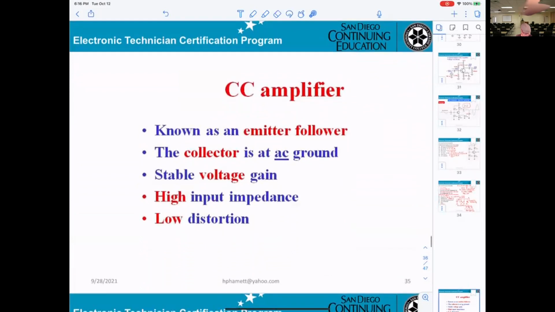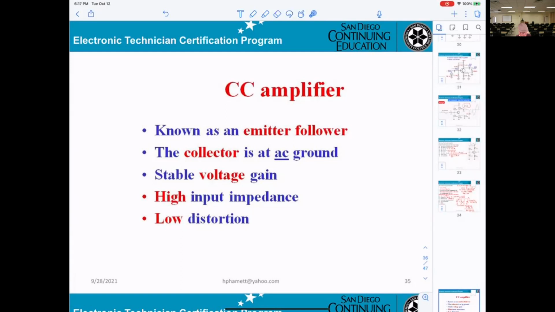Now, the next one, common collector. Common collector has another name for this amplifier: emitter follower. So make sure you understand. They can say common collector amplifier or emitter follower amplifier. Same name.